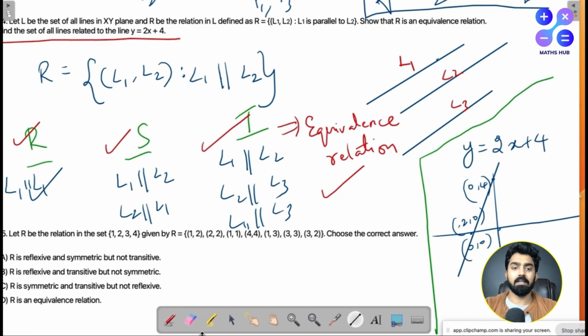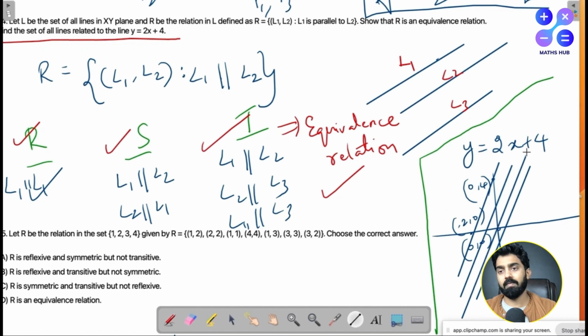Now, all the lines which are parallel would be somewhat shifted. You just need to shift this line slightly this way. There's going to be one line which goes through the origin. Now, what is that line?